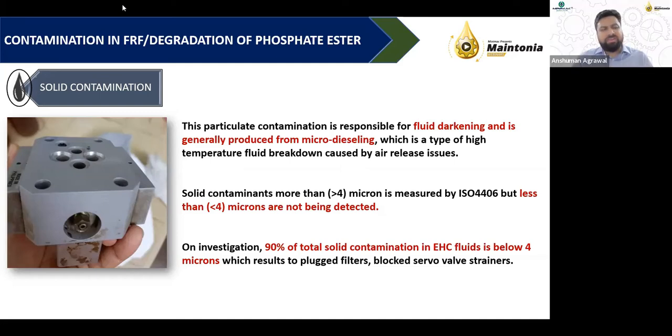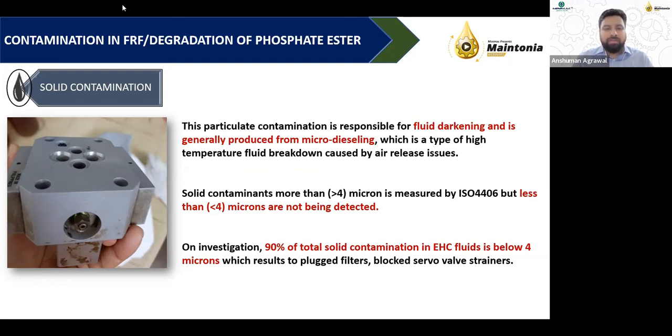Right, because I can just recall a case where the customer was very, very confident with regards to the NAS value and ISO 4406 values. We also investigated and found that the particulate levels were really very low, and the trend was being followed for a very long time. However, when we dismantled these servo valves and the pencil filters came off, it was found that a very thick layer of varnish and sludge was deposited on these servo valves.